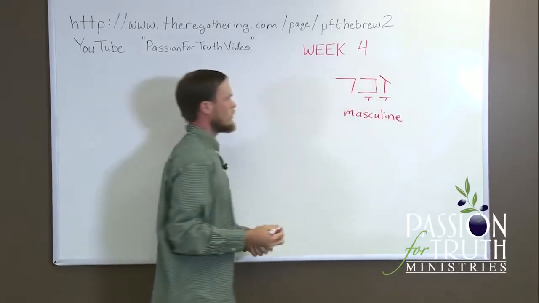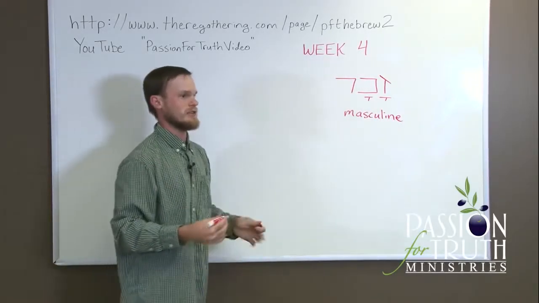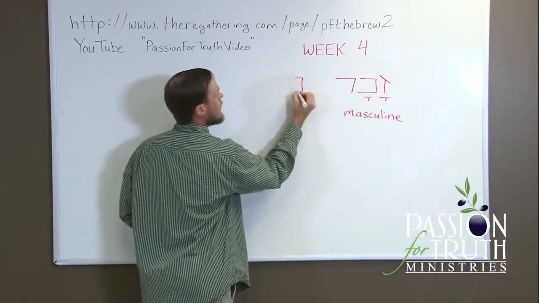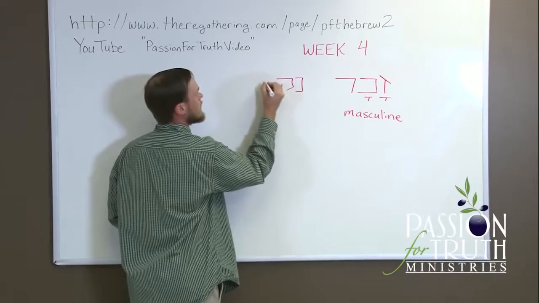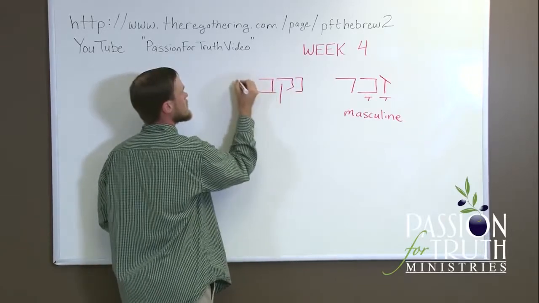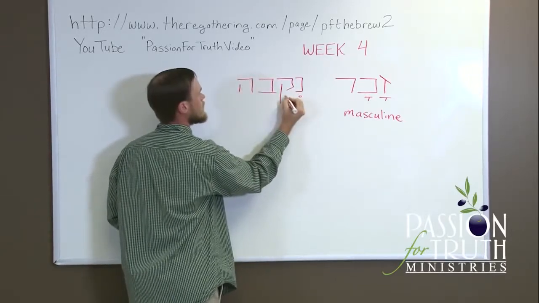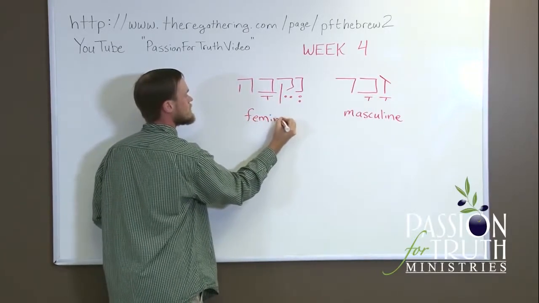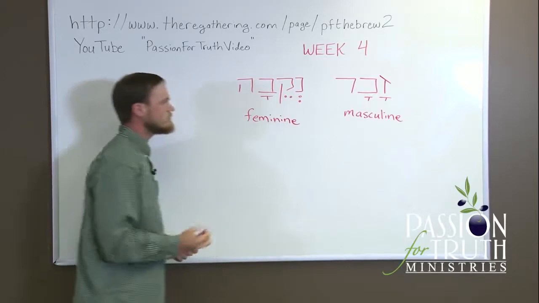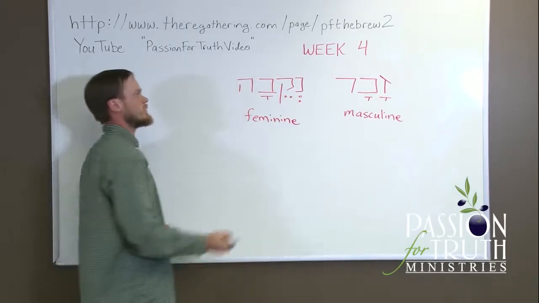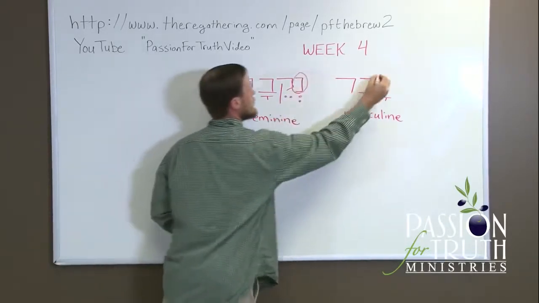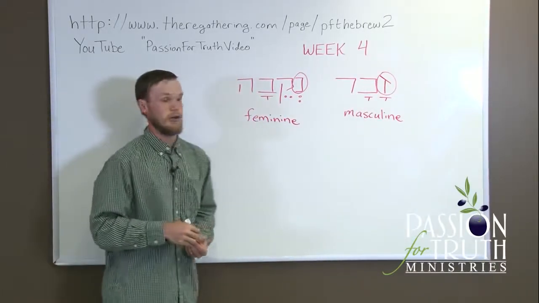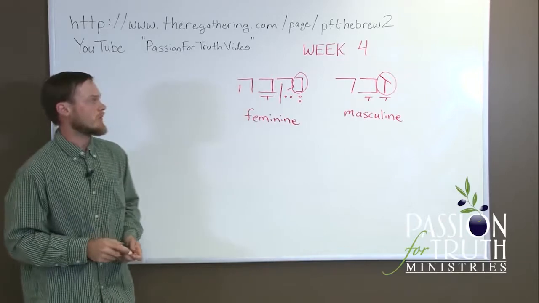In a strictly Hebrew course, I would always use these terms, but I'm still going to say masculine and feminine in English. Nekeva, spelled like this, means feminine. So this nun and zayin are what we use to indicate gender of nouns.